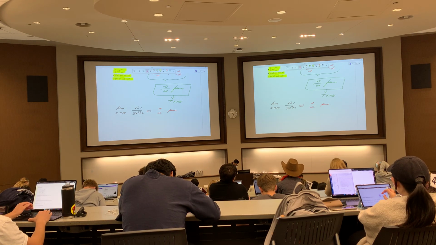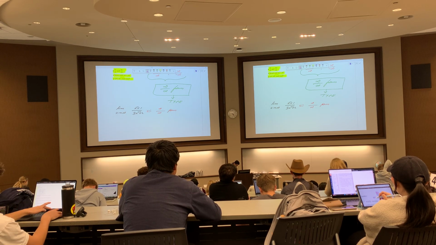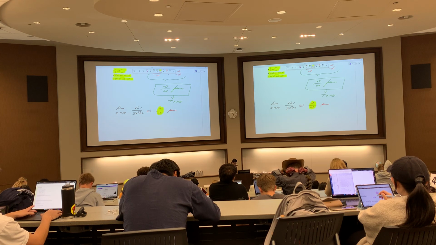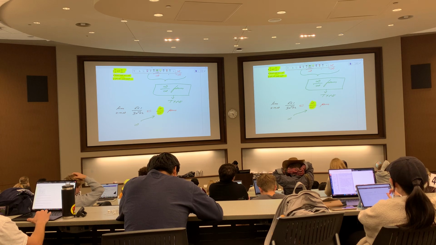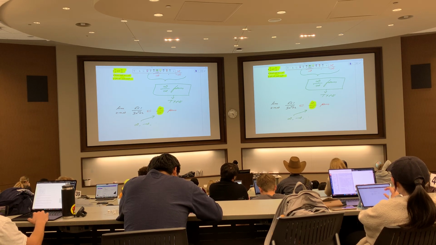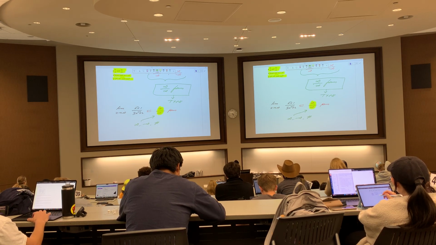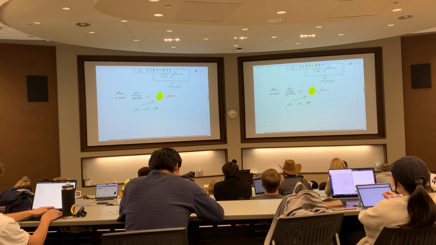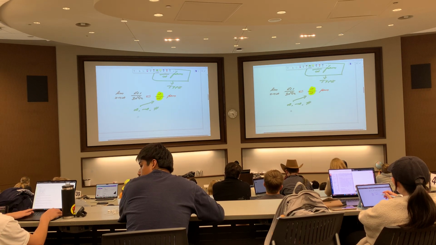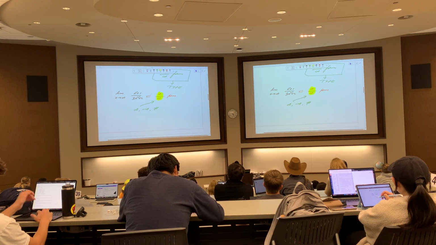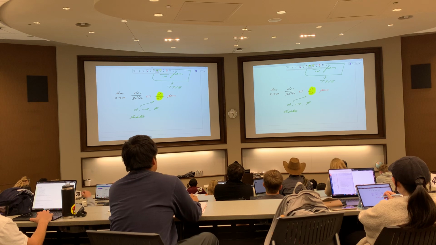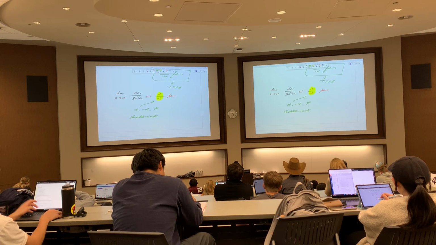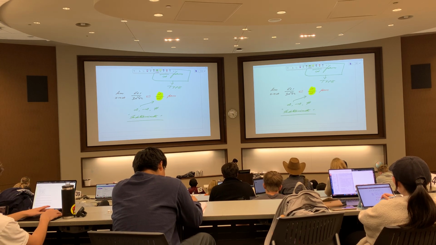We don't know where exactly this is going to be. This is why we call them indeterminate forms. So these are the indeterminate forms, okay?